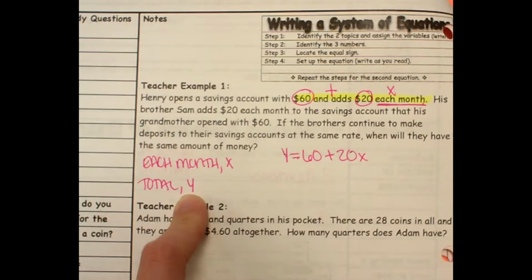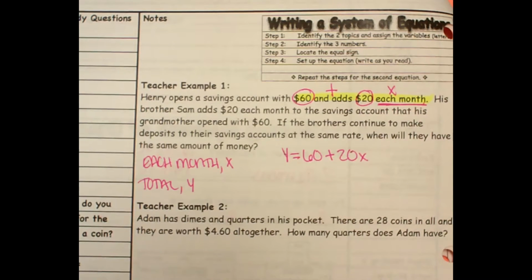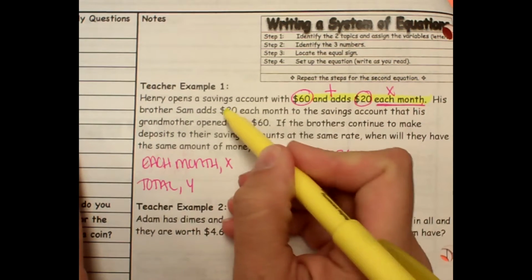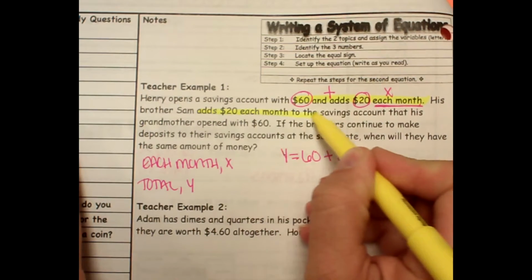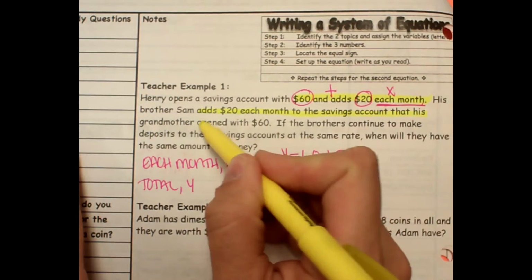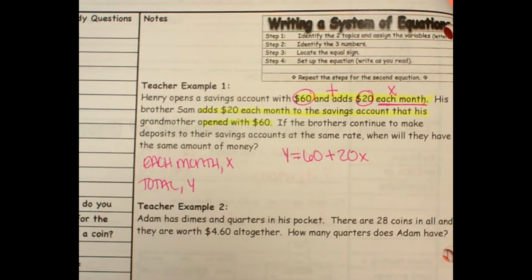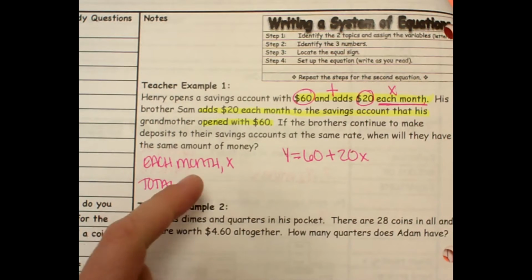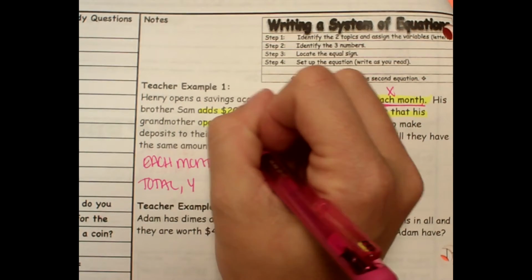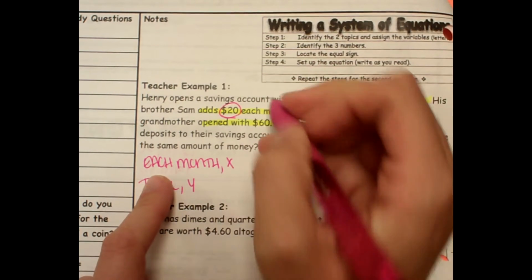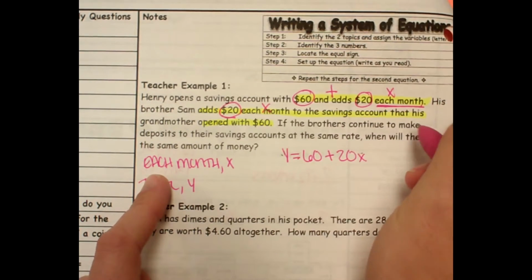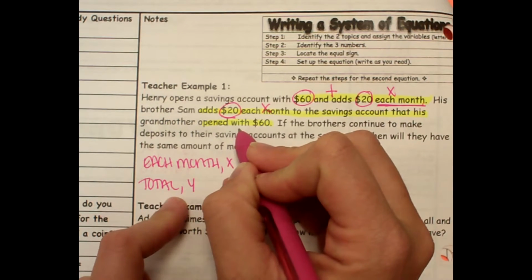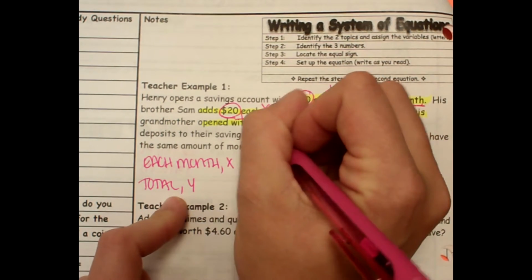So then for Sam: adds $20 each month to the savings account that his grandmother opened with $60. If we write it like we read it, $20 each month is my X, to the savings account that his grandmother opened with would be plus 60.